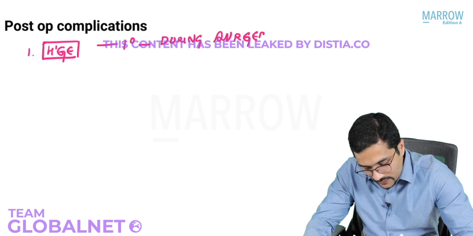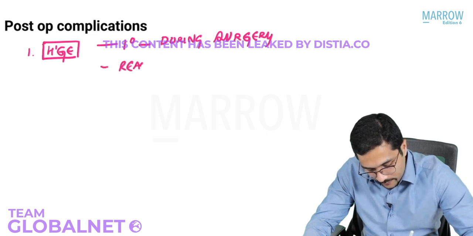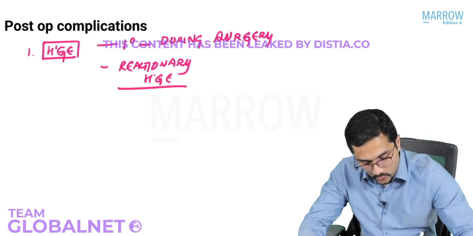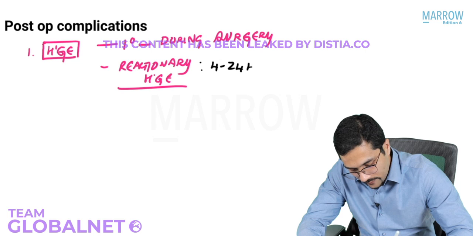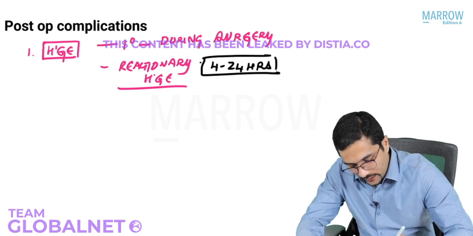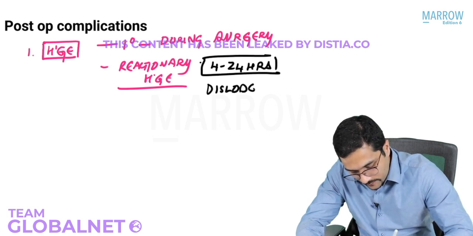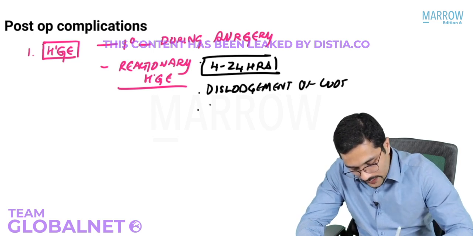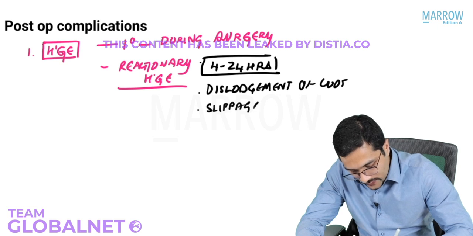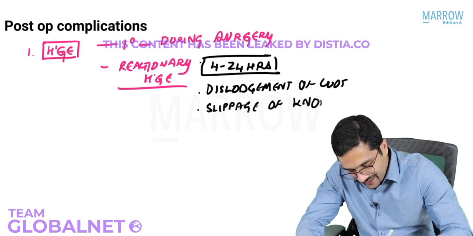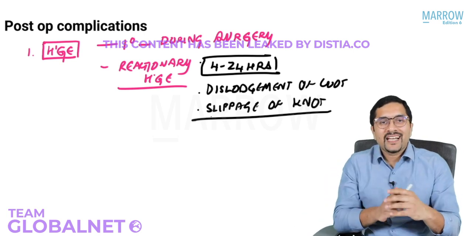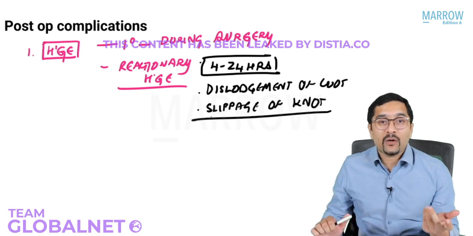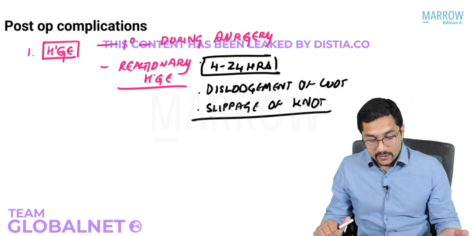There is reactionary hemorrhage which can occur 4 to 24 hours following surgery, and this usually occurs due to dislodgement of clot, or slippage of ligature, or slippage of knot. I will tell you later on in the modules that if you use a granny's knot, which is a slip knot, that can slip out easily and the patient can have reactionary hemorrhage.